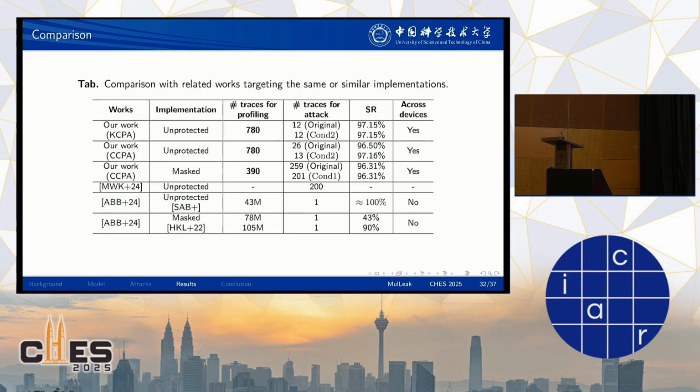Compared to ABB+24, we use a few hundred traces for profiling, and they require millions of traces. Moreover, their attack is conducted on a single device, but we focused on a real-world scenario. We use 2 devices, one for profiling and one for attacking.